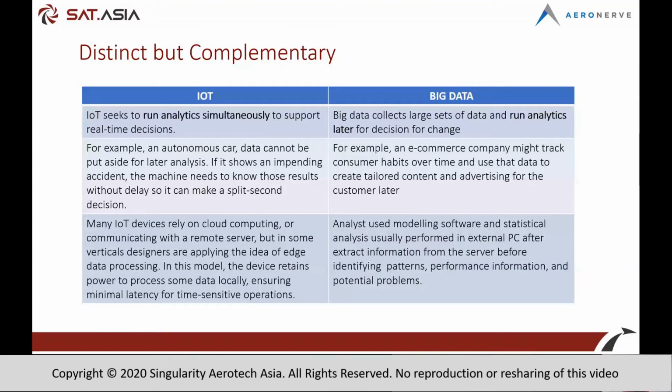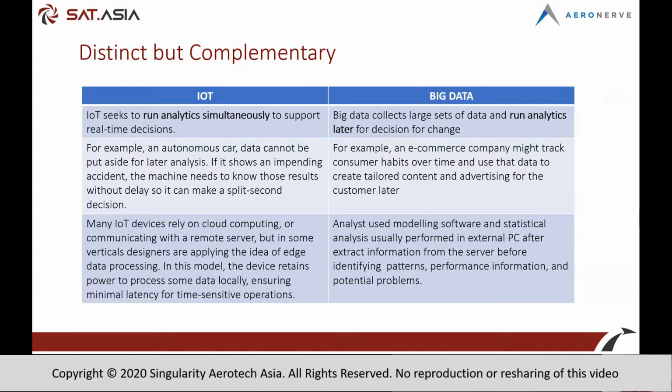Okay, let's now look at the details of the distinction. We say that it's distinct, but it's complementary between IoT and big data. IoT, for example, seeks to run analytics simultaneously, and it supports real-time decisions. Big data, however, collects large sample data, runs analytics, and later you can use it for decisions. So it's not really real time.